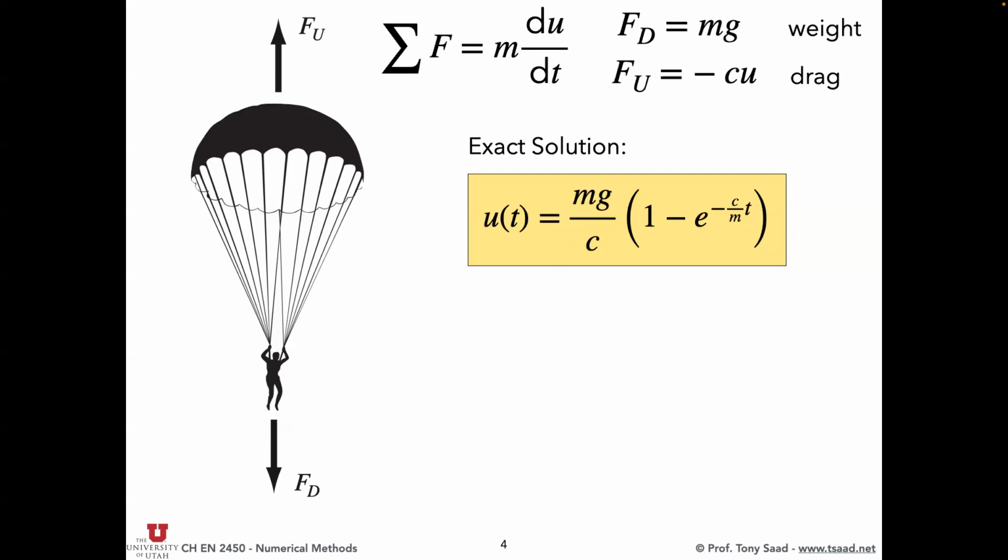And you solve for the velocity, for the speed of the parachutist, you can get an exact solution in this case. U of t equals mg over the drag coefficient times 1 minus e to the minus c over m t. So m is the mass of the parachutist, g is the gravitational constant 9.81, c is some constant value, and u is the velocity.